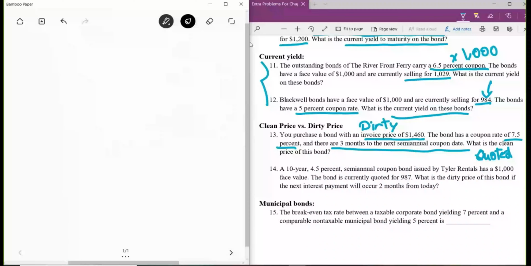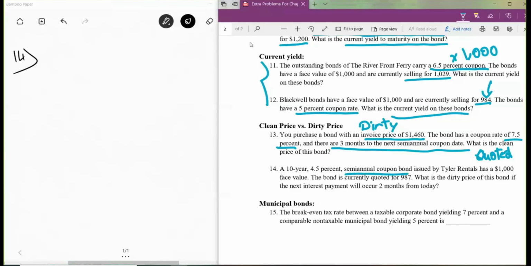Number 14, a 10-year 4.5% semi-annual coupon bond. So the payment is 45 divided by 2, 22.5. Face value 1,000.